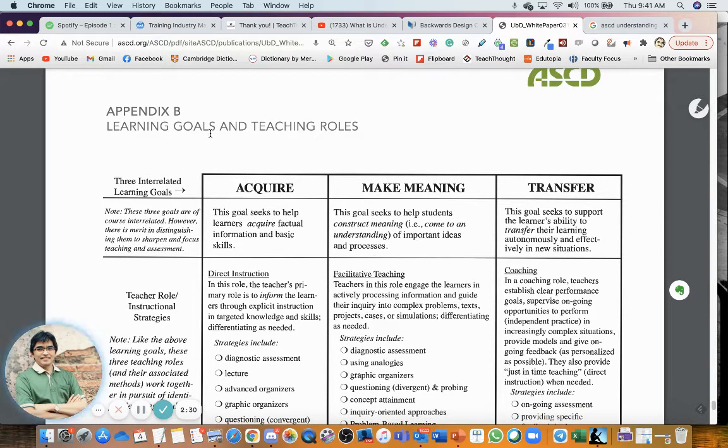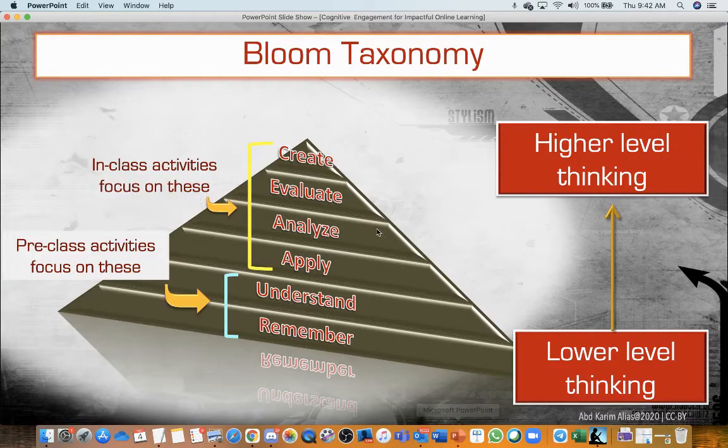Learning goals, in our terminology, we also use learning outcomes, and how do teachers play their role differently according to the learning goals or the learning outcomes that we design, or want to achieve, in the course. Of course, we can also relate this to the cognitive domain of Bloom's taxonomy: remember, understand, apply, analyze, evaluate, and create.